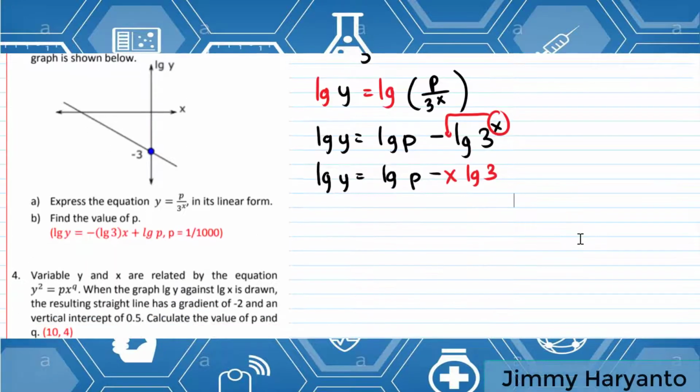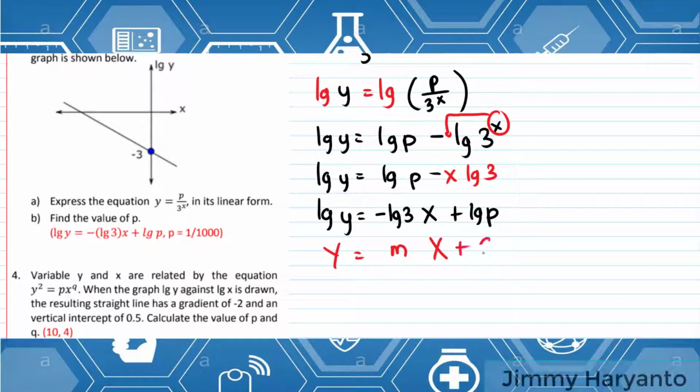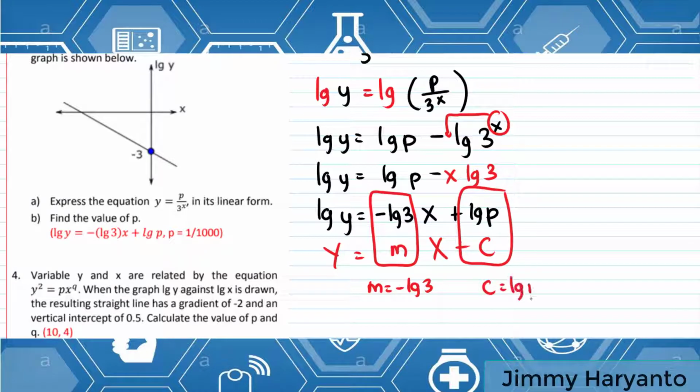LGY still on the left side, and then I write negative LG3 first, and then X, and then LGP. So this will be more similar with y equals mx plus c. So I can tell that m equals negative LG3, and the c, y-intercept, is LGP.